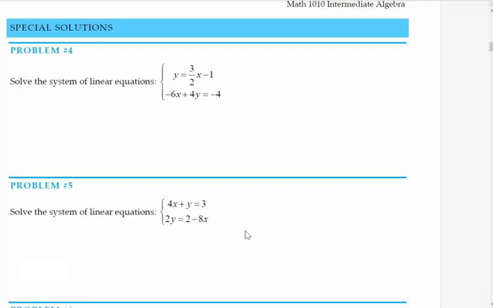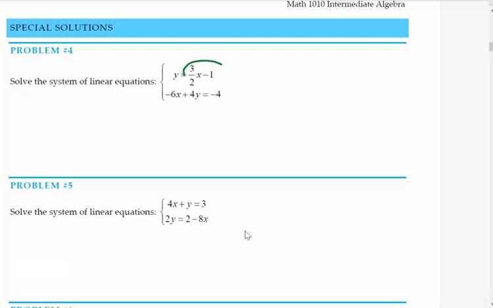Anybody have an idea of which method you think you might use here and why? Okay, substitution sounds like a good one to do because we already have one of the variables by itself. There's not even any work that we have to do there.